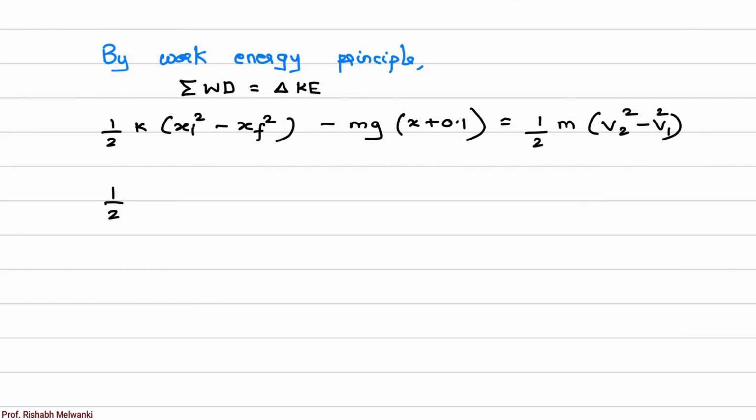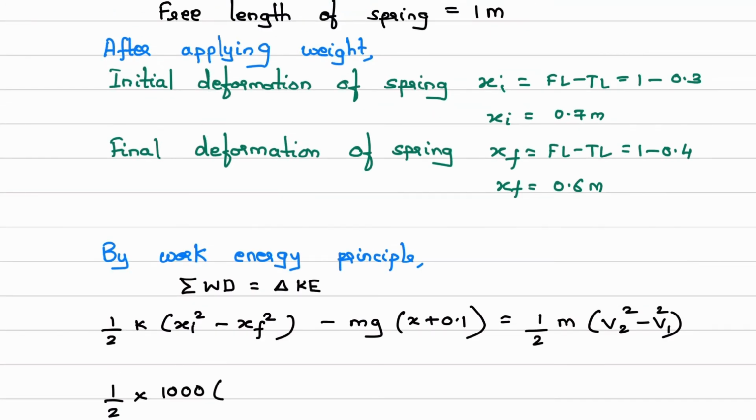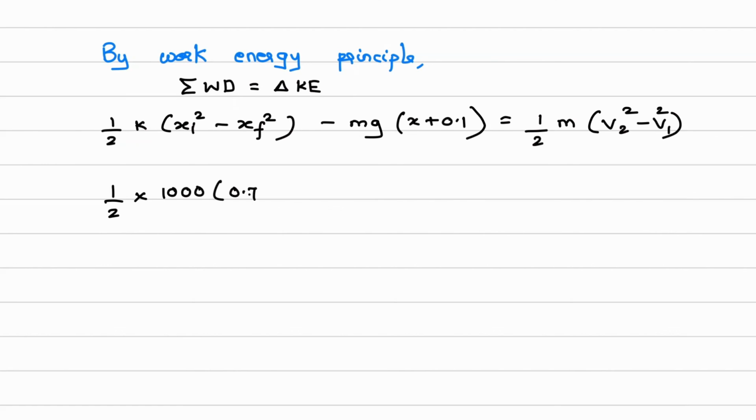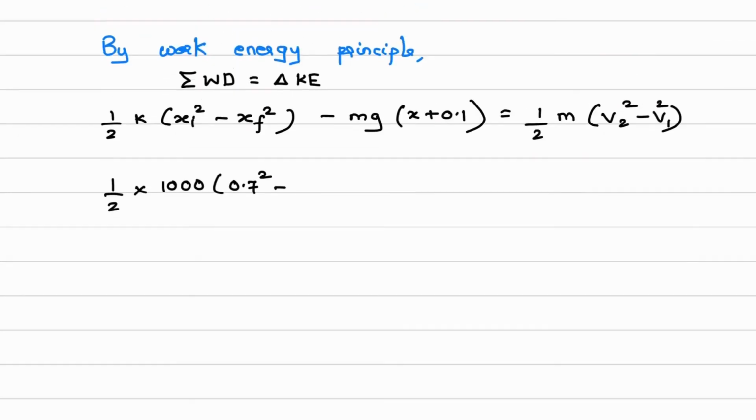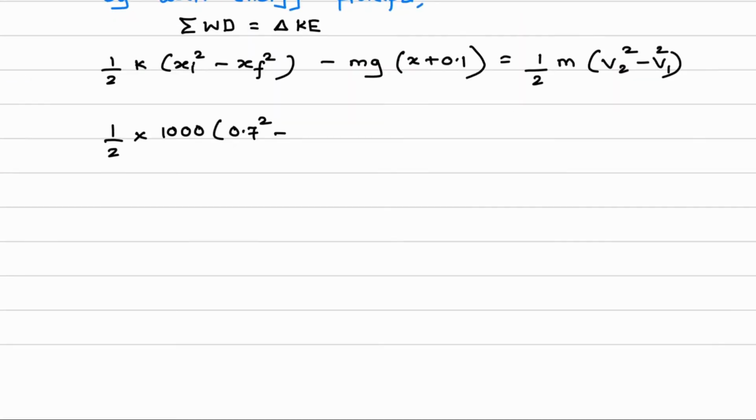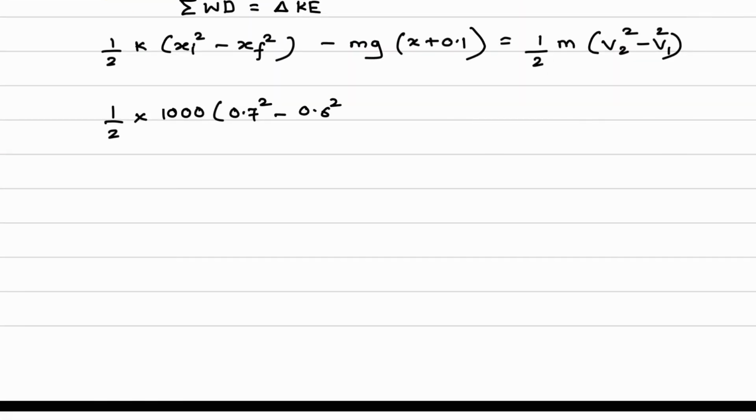Half K, we are assuming this as 1000 Newton per meter. Xi value we have calculated 0.7 square minus final xf 0.6 square minus mass of the block is 4 kg into 9.81 in bracket x we have to calculate plus 0.1.